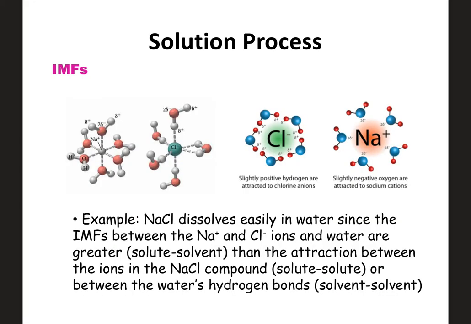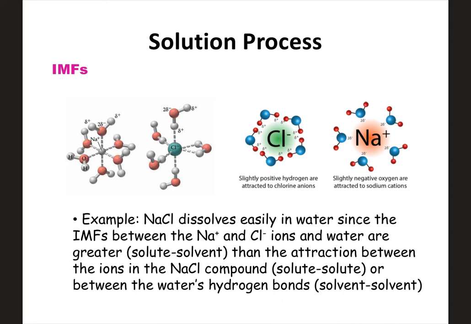So for example here, sodium chloride we know readily dissolves in water since the attractions, the IMFs between the Na plus and Cl minus ions and the water, so that's the solute-solvent attractions, are greater than the attractions that exist between the Na and the Cl itself, which we call solute-solute attractions, or between the water's hydrogen bonds themselves, which we call solvent-solvent.